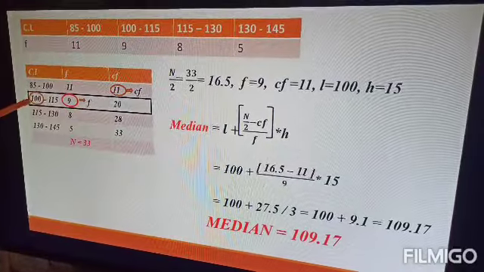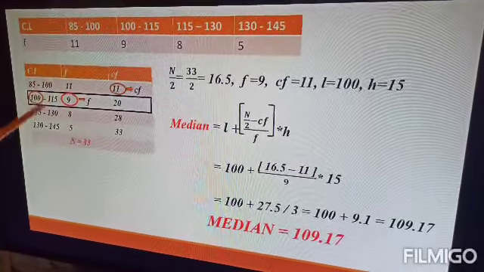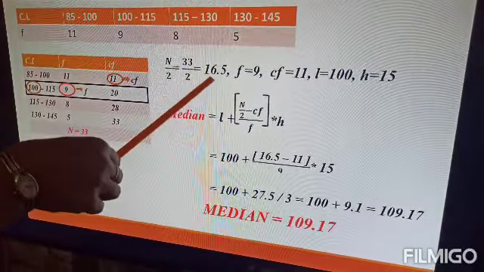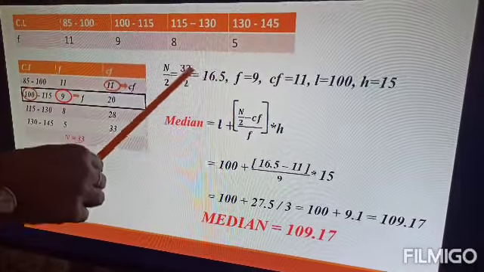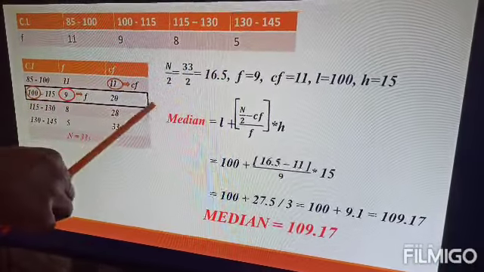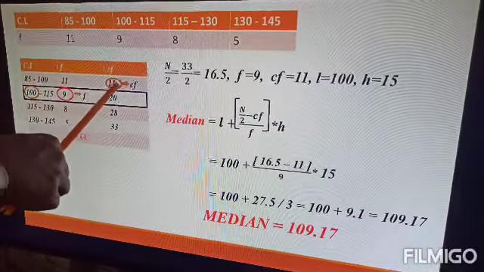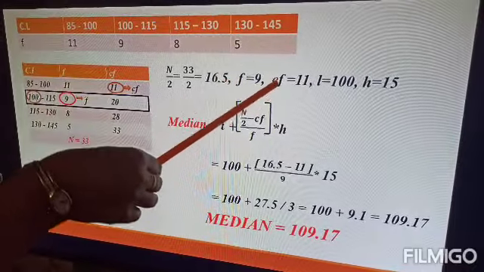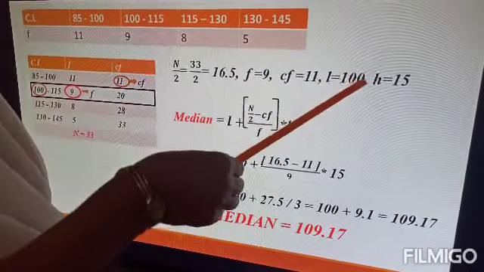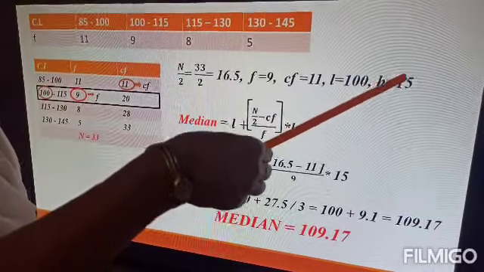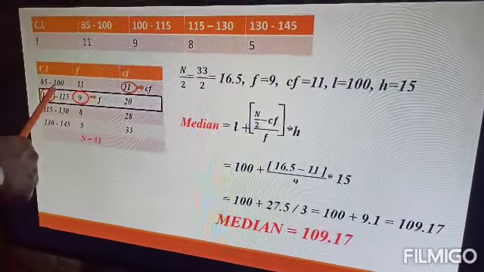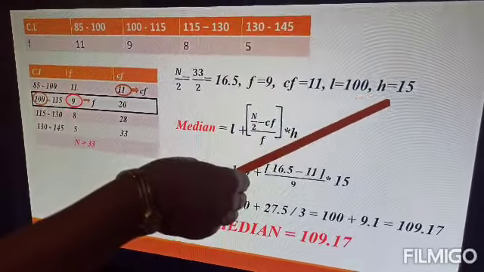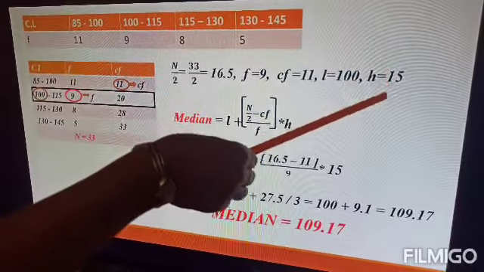Lower limit is 100. Now we got all the required things. N by 2 is 33 by 2, that becomes 16.5. By this we got the median class, then the CF, then F, then lower limit. F is 9, CF is 11, L is 100, H is the size of a class interval: 100 minus 85 is 15, that is the size of the class interval.